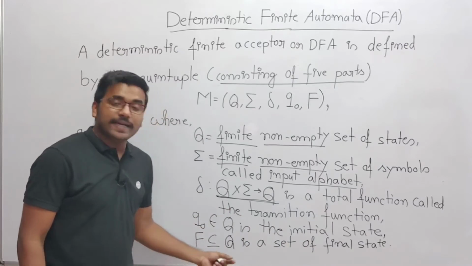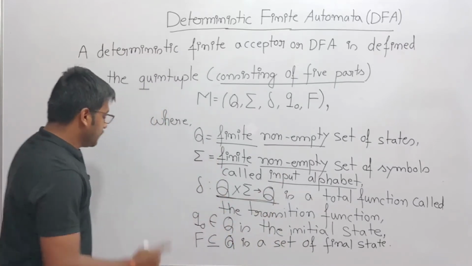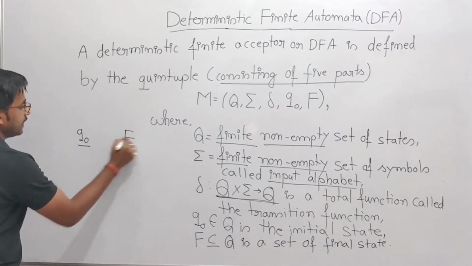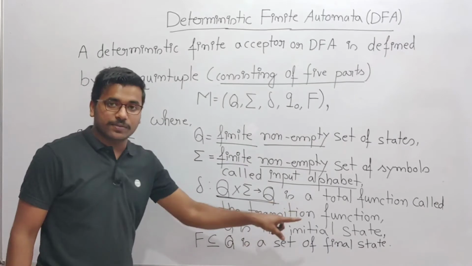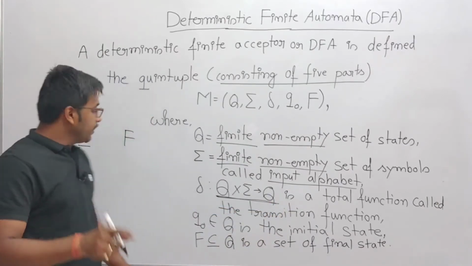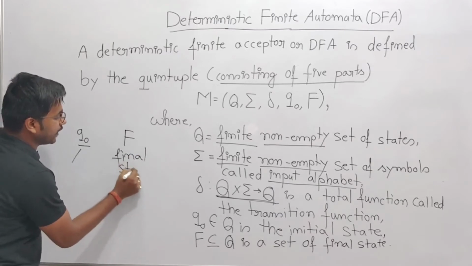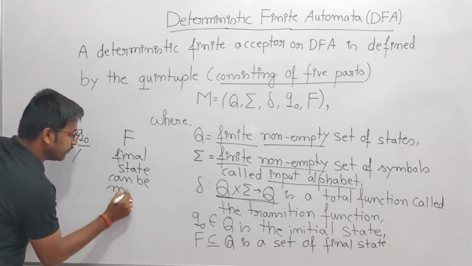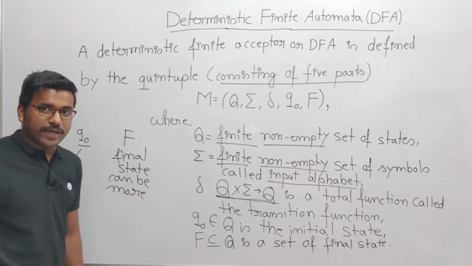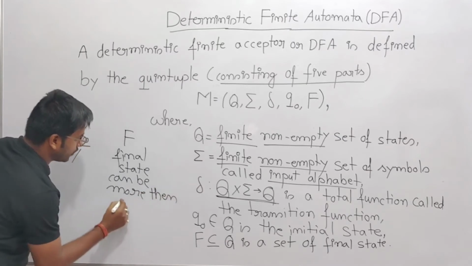F is a set of final states belonging to capital Q. See the difference between Q0 and F. The initial state is only going to be one, but F is a set, so the final state can be more than one. Even if it has one, that's also fine, but it can be more than one.